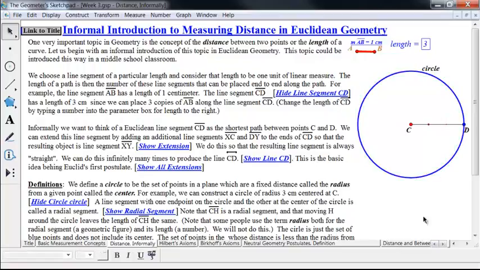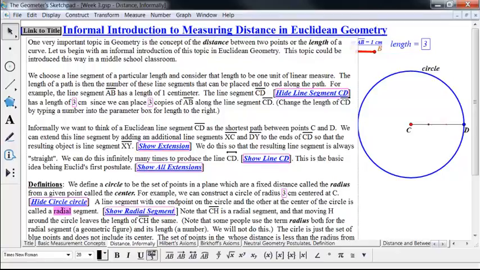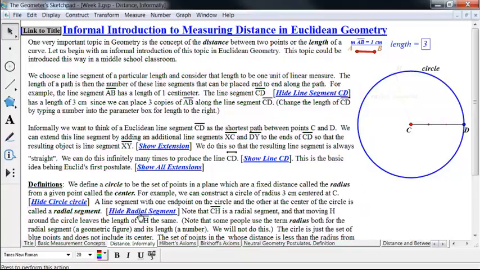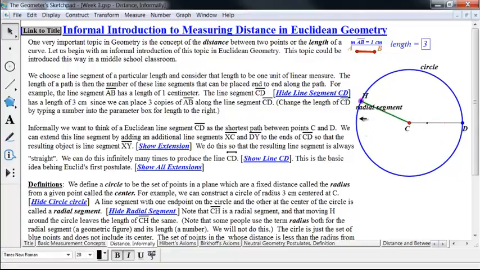Now a line segment with one endpoint on the circle and the other endpoint at the center of the circle is called a radial segment, so that's going to be another definition. I could show you a general radial segment here. One endpoint is on the center of the circle, and the other endpoint can be on the circle itself.